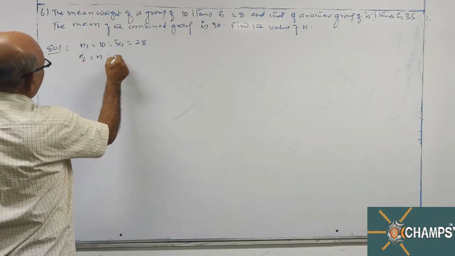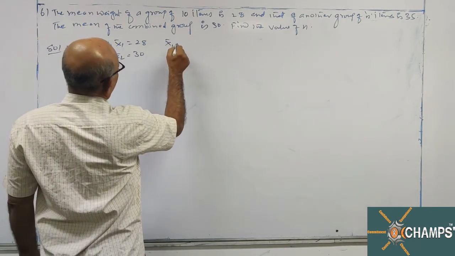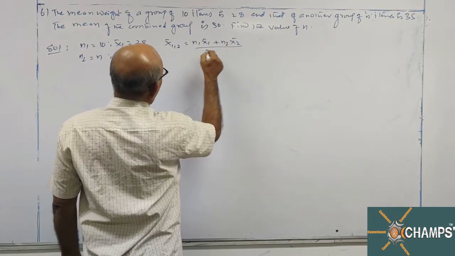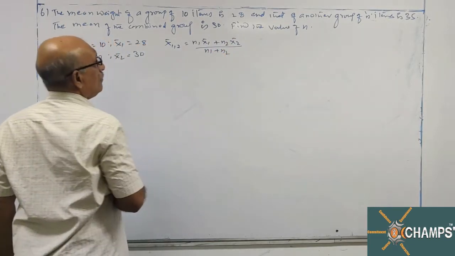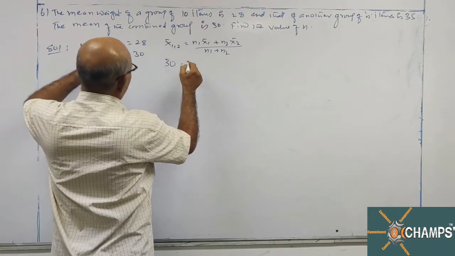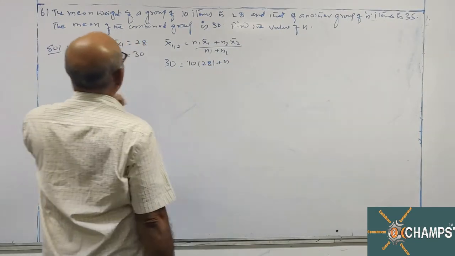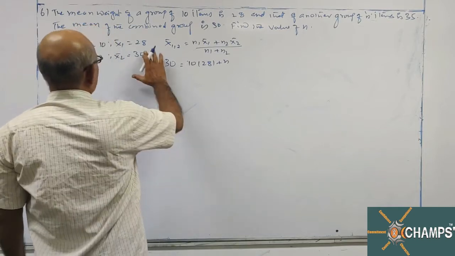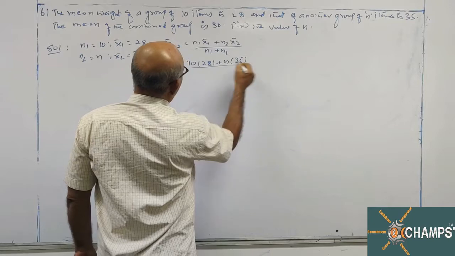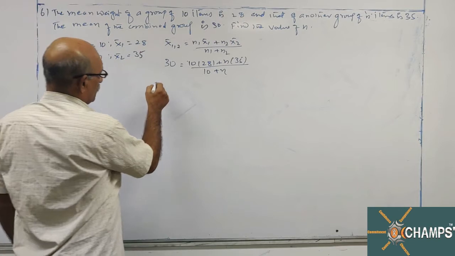N2 is equal to n, x2 bar is equal to 35. Now combined mean x bar 1, 2 is n1 into x1 bar plus n2 into x2 bar divided by n1 plus n2. 30 is equal to 10 into 28 plus n into 35, divided by 10 plus n. Cross multiply, sir.